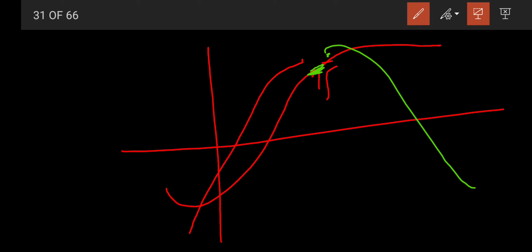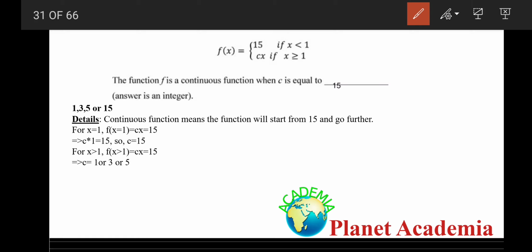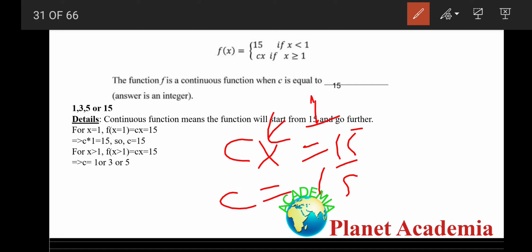As it is given that it is continuous, we need to equate cx to 15 so that it becomes continuous. Suppose x is 1, then the value of c equals 15.